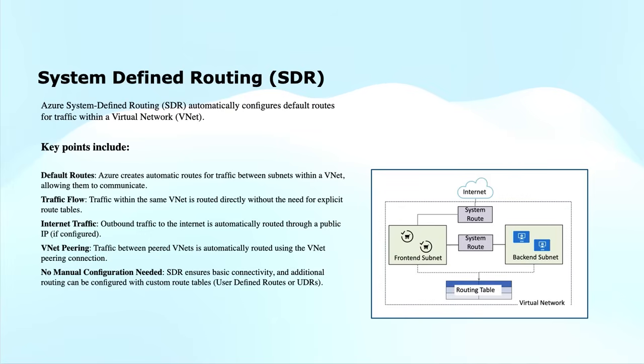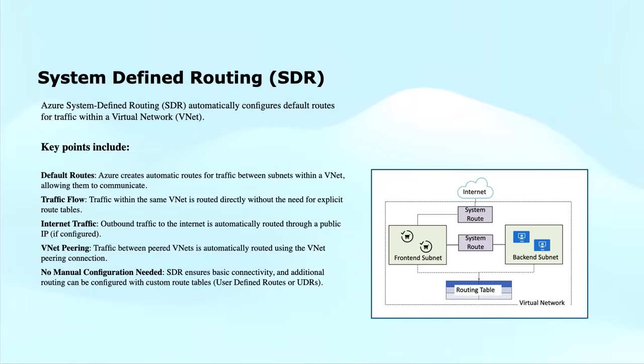In cloud, we have default routing between the subnets inside a virtual network. This routing is predefined by the provider, and this routing is known as system-defined routing. This system-defined routing is used to direct the network traffic across the different subnets.